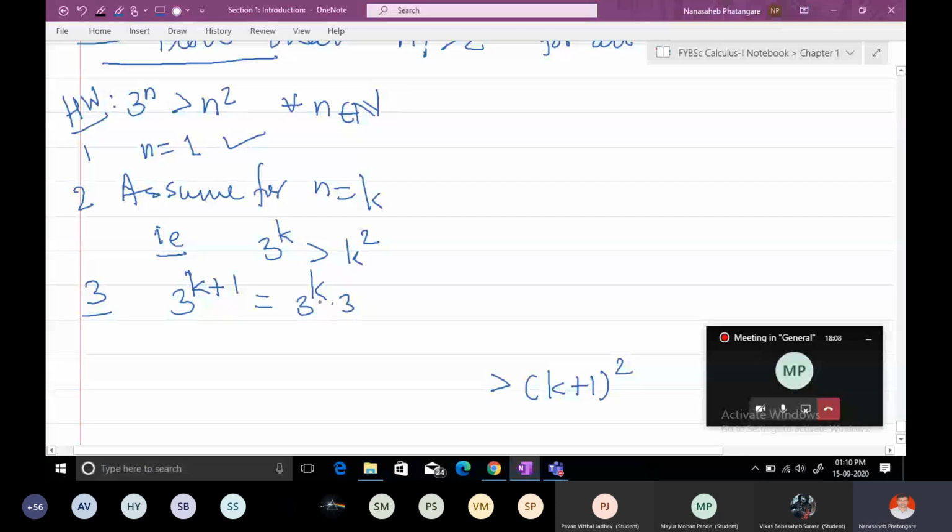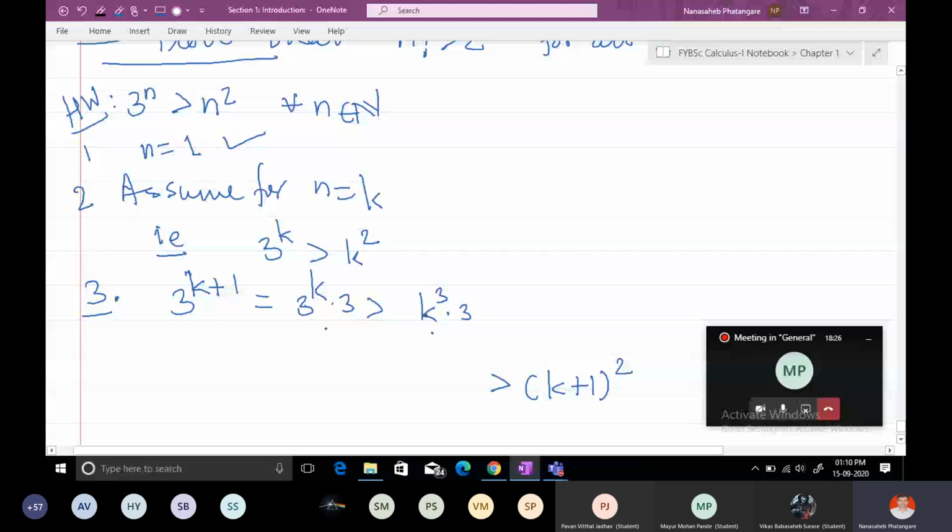Okay, now I will replace 3 raised to k by k square, and I will write 3 as it is. Then which quantity is bigger? If I compare this quantity and this quantity, which is bigger? The left one. So the left quantity is bigger because 3 raised to k is bigger than k square, and 3 as it is, no doubt, right?